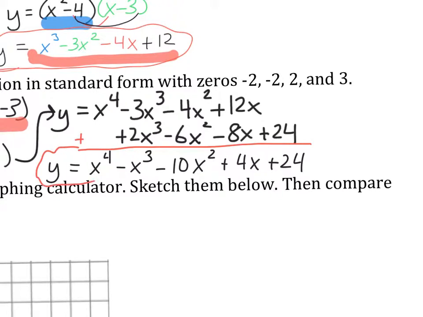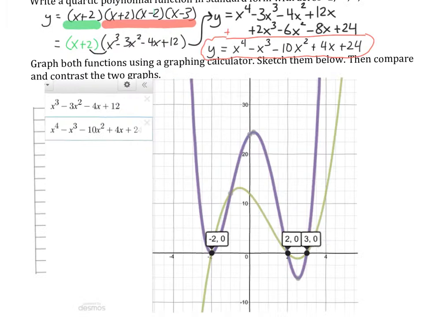So this is a polynomial that's quartic that has these zeros there. Again, we're in standard form, 4, 3, 2, 1, and a 0 there. And now what I did was graph both of these using a graphing calculator, and I want to show you some things that are exactly the same.